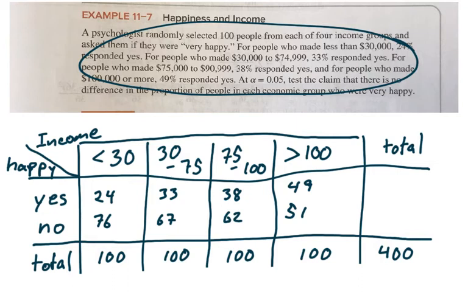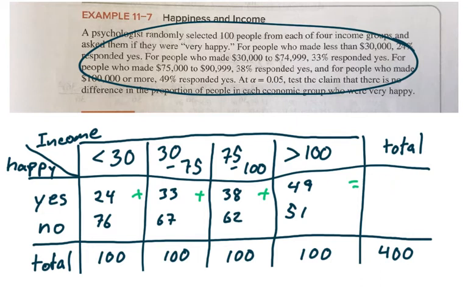Okay, and then we'll go ahead and take the row totals here. So grab my calculator real quick so I can do this while I'm speaking. So we've got 24 in the top row plus 33 in the second column. I'm just adding up all of the values in the top row here. And I got 24 plus 33 plus 38 plus 49, and that's equal to, I'm getting 144.